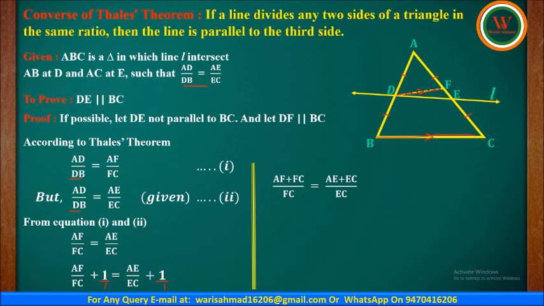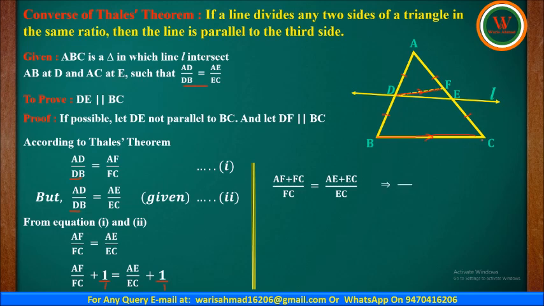After adding these two terms, AF upon FC plus 1, we will get AF plus FC upon FC is equal to, after adding 1 in AE upon EC, AE plus EC upon EC. Now AF plus FC can be written as AC, because if we add AF and FC, then we get the line segment AC. And AE plus EC is also equal to AC.